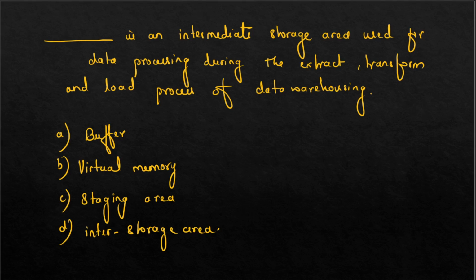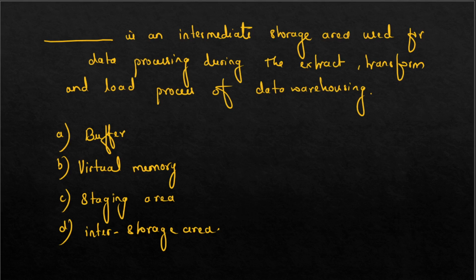So first let's see the concept behind a data warehouse. You all know that a data warehouse is the process of collecting and managing data from different sources and using it for a business purpose. It is more related to query processing rather than transaction processing.